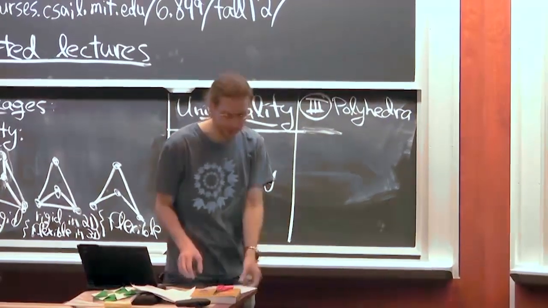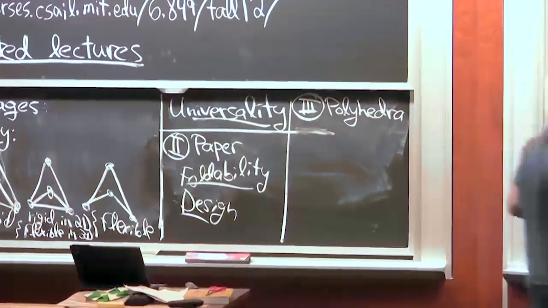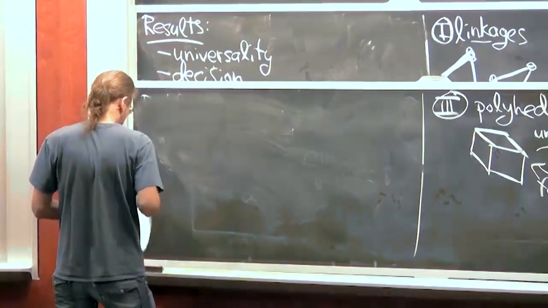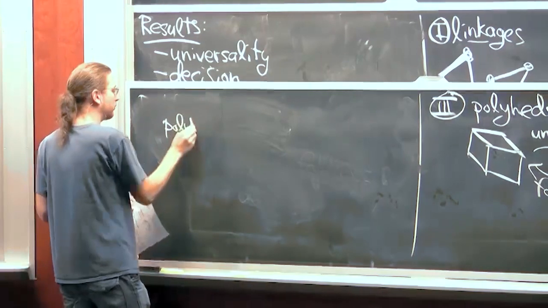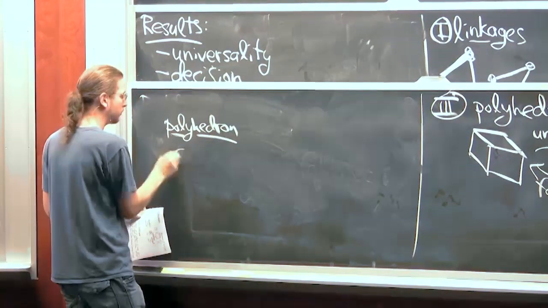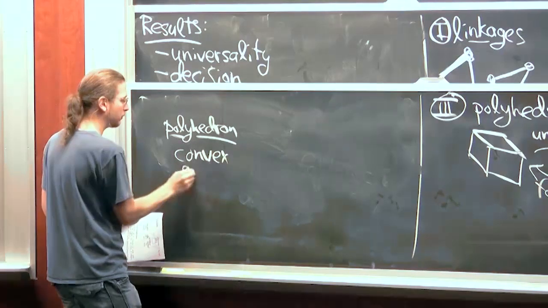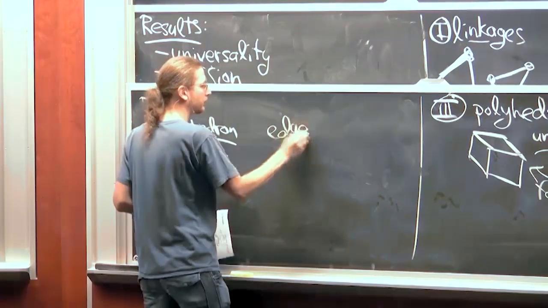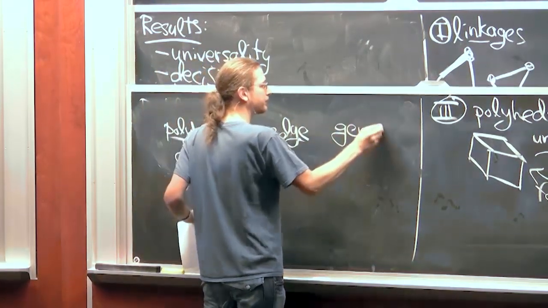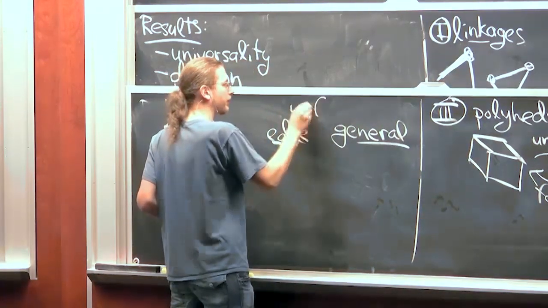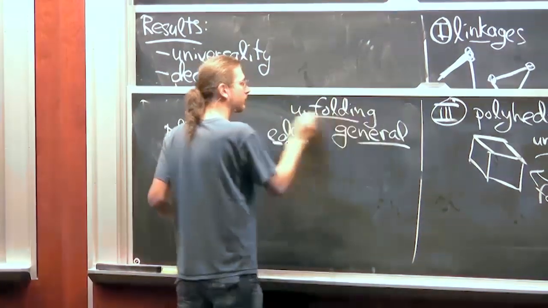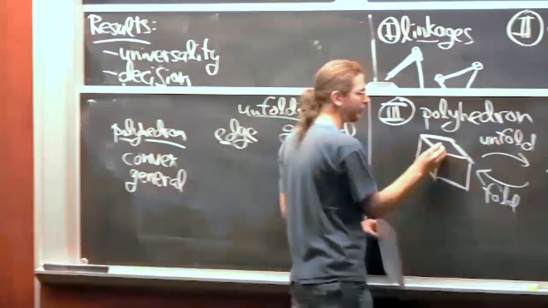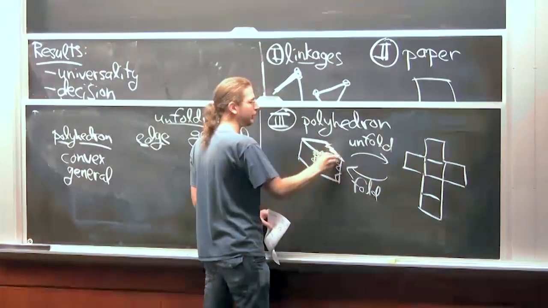And then you can ask about unfolding. Let me give you a brief overview of unfolding. So when you're unfolding, you might be interested in only cutting along the edges of the surface, which is what happened in this cross unfolding.